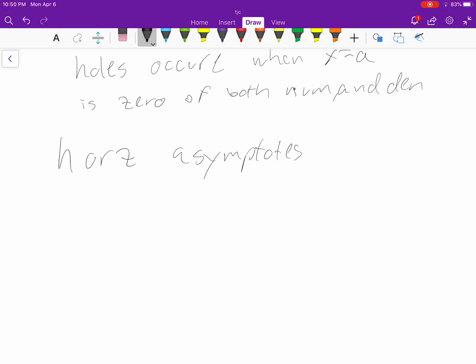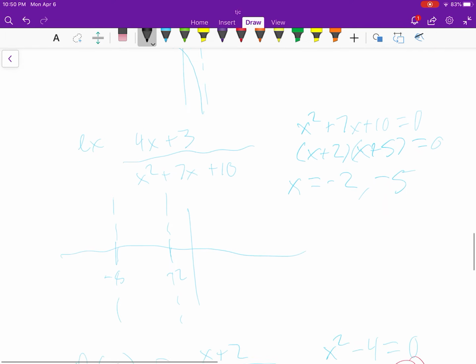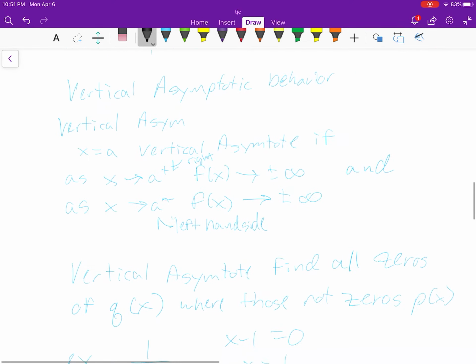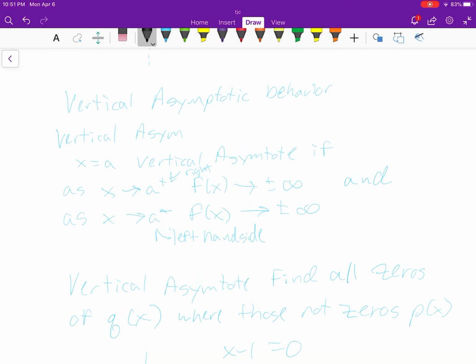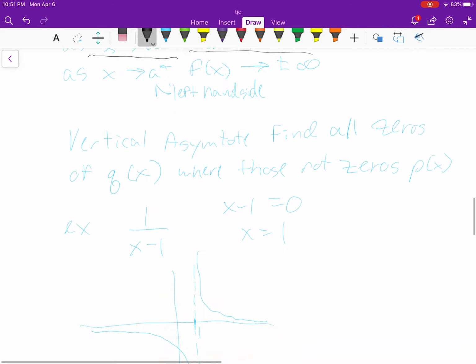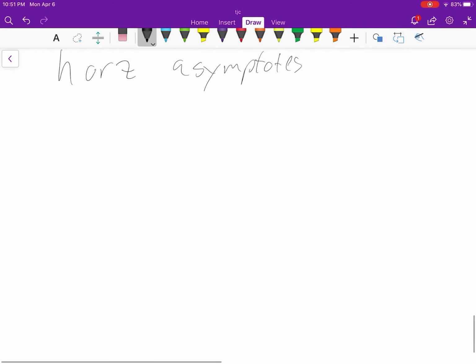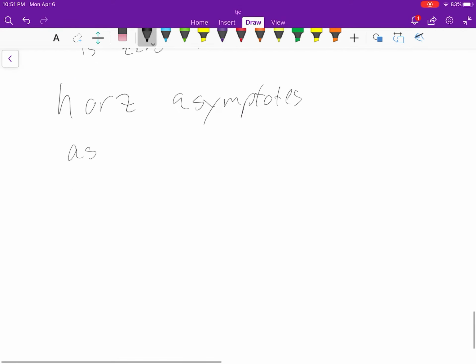So the difference is, if we look at the definition of vertical, as x approaches a constant, f of x goes to infinity. Here in horizontal, it's as x goes to infinity, either plus or minus, then your f of x approaches some constant, some a.